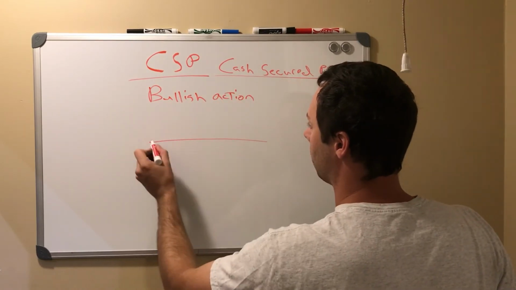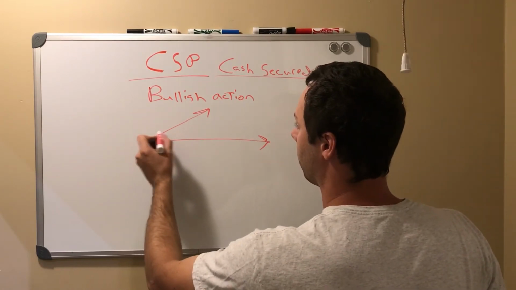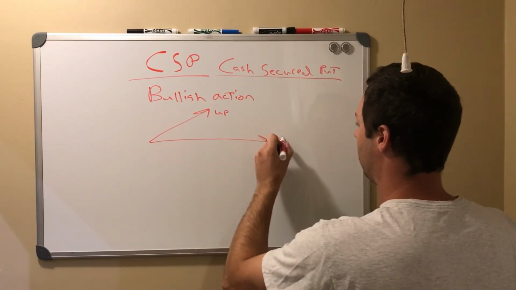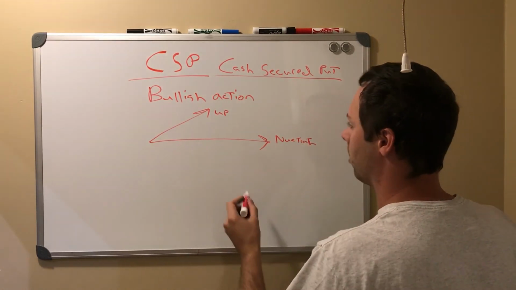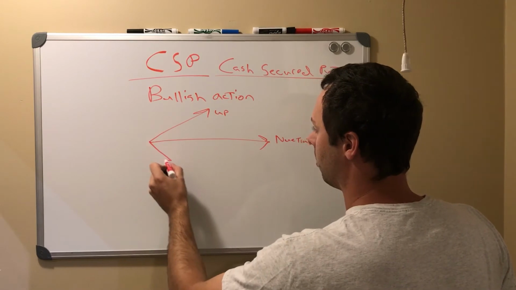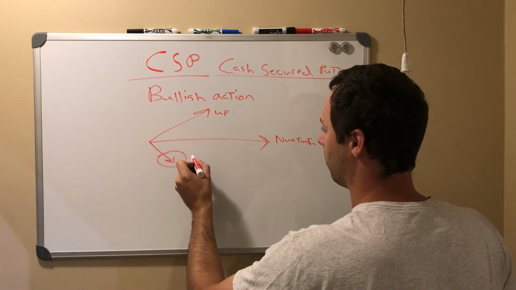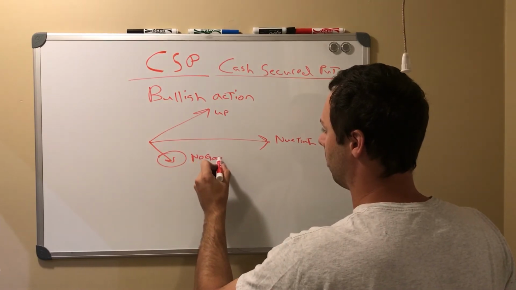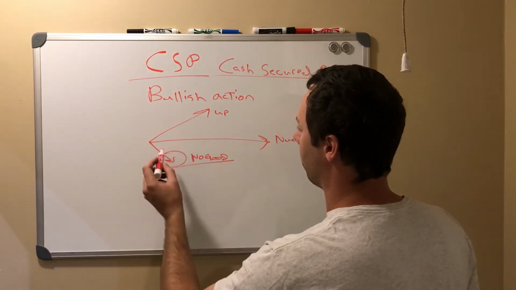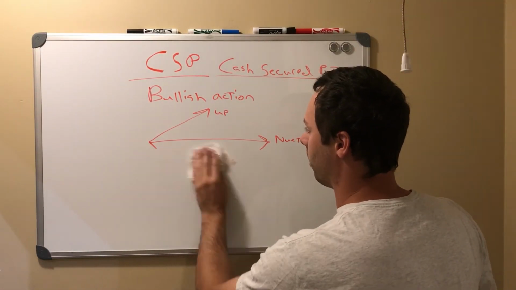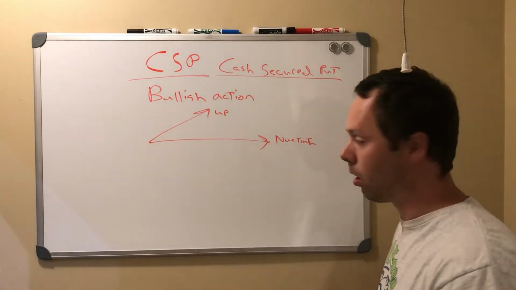You think the stock is either going to go up or stay neutral. We don't really want to be bearish on the stock. So we're just going to play up and down, or up and neutral.